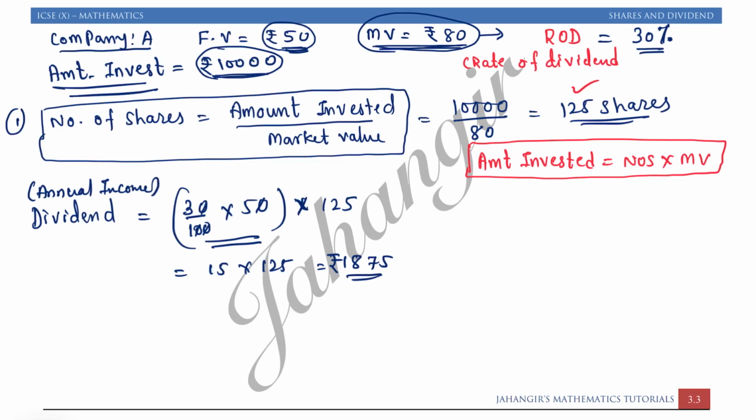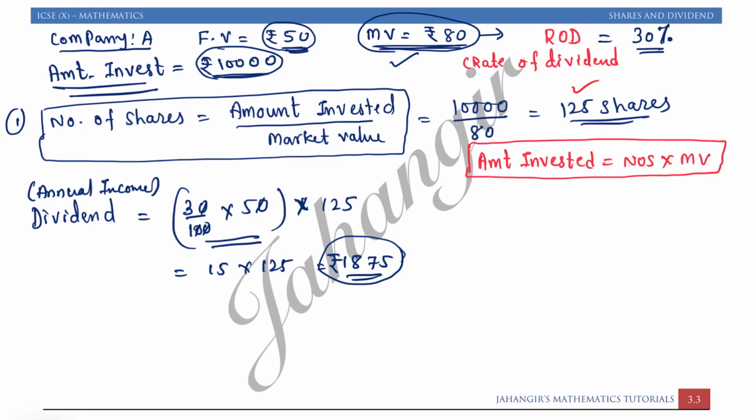So you had bought the share at rupees 80, and still you hold those shares. The company has paid you rupees 1875 as an annual income, because when you are investing in some company, you need some profit periodically, just like interest, compound interest, simple interest. If you are investing with a bank, the bank gives you interest in the form of percentage. In the same way, when you are investing in shares, you will get income in the form of dividend.